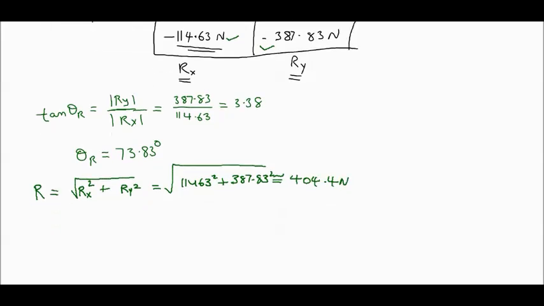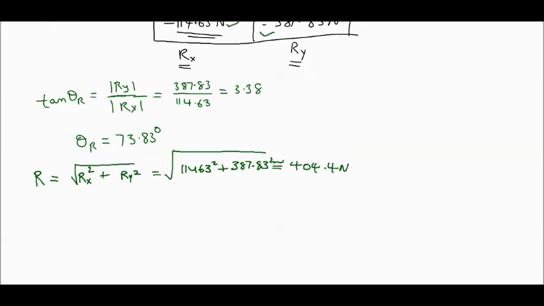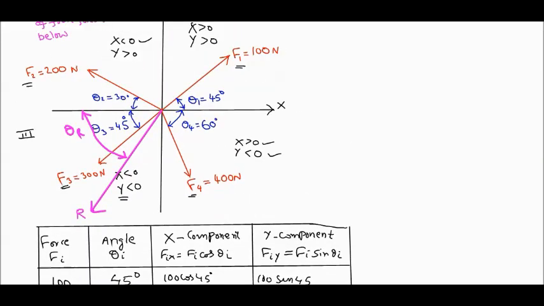That is, you will say that the resultant R has a magnitude of 404.4 newtons at an angle theta of 73.83 degrees. It may be noted here that all these angles are measured with respect to the x-axis.